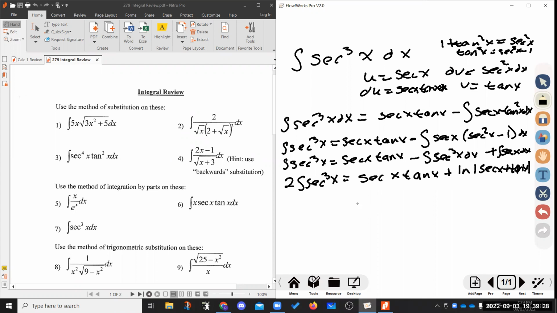And I'm not going to do the plus c yet because I haven't solved for the integral of secant cubed yet, but we will in this next step. It should look like that.